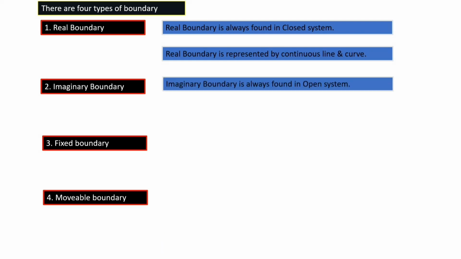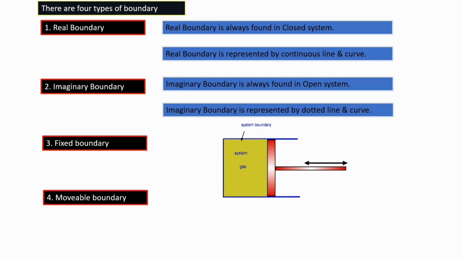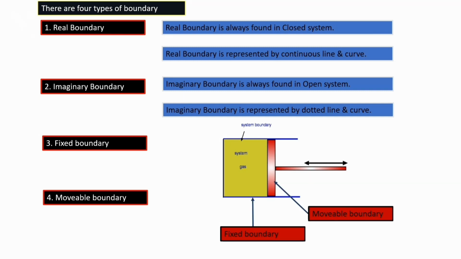Imaginary boundary is always found in an open system and is represented by a dotted line or curve. For fixed and movable boundary we can take the example of a piston-cylinder arrangement. The piston is considered a movable boundary and the body of the cylinder is considered a fixed boundary. Note: boundary has no mass and zero thickness.